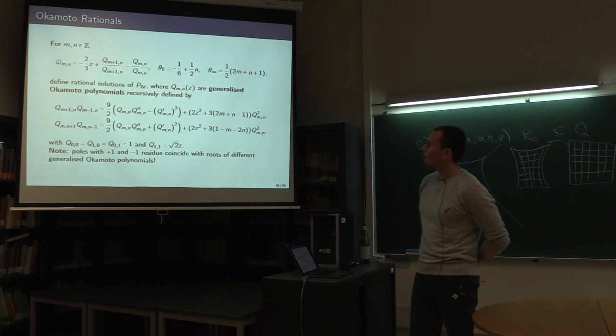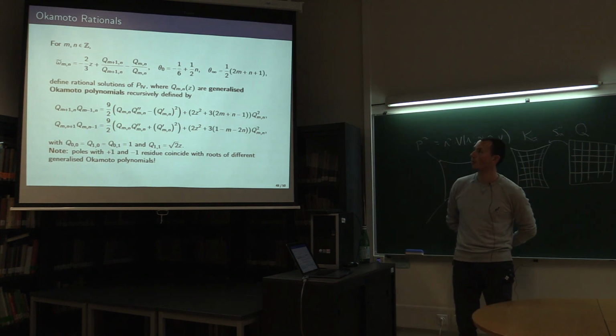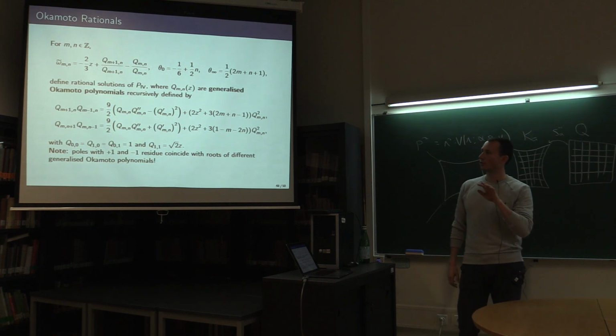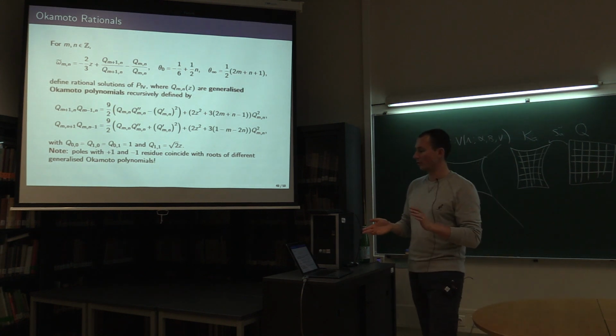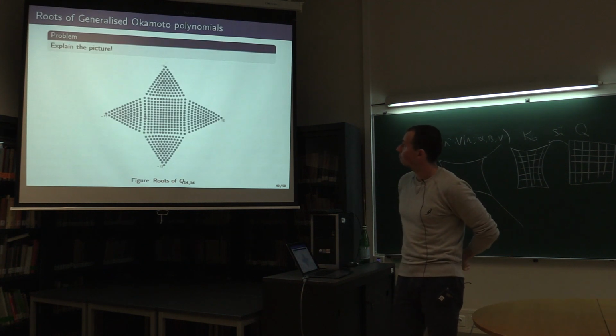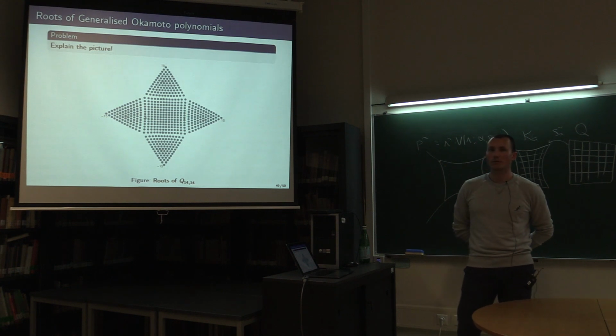And so we have a solution expressed in terms of these polynomials Q_{m,n}, where m and n are now in Z, so they're integers. And so again, the problem of computing the pole distribution is equivalent to computing the distribution of the zeros. Here is a picture of, for example, the roots of Q_{14,14}.